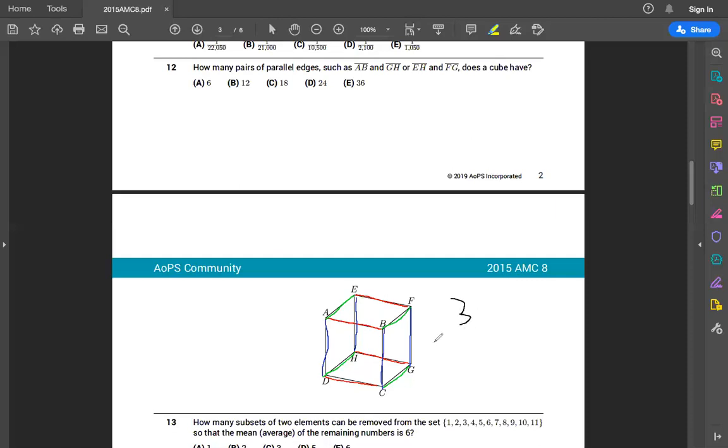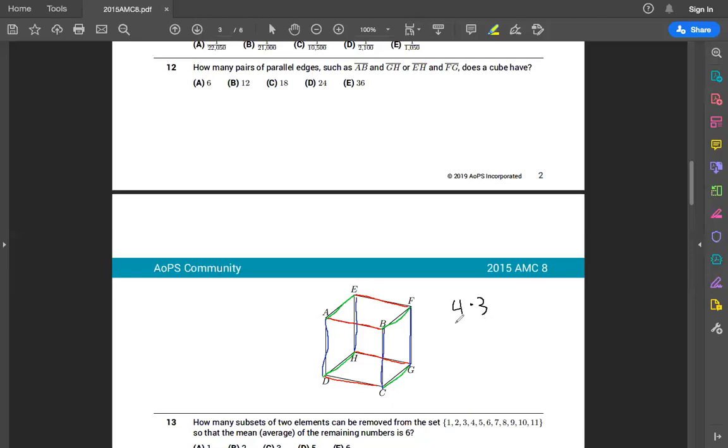So we can put down 3 for AB, and then another 3 for EF, since that can also go with any of the other 3. So we can see that we basically can choose any of the 4 edges for the first in the pair, and we have any of the other 3 for the other one in the pair.